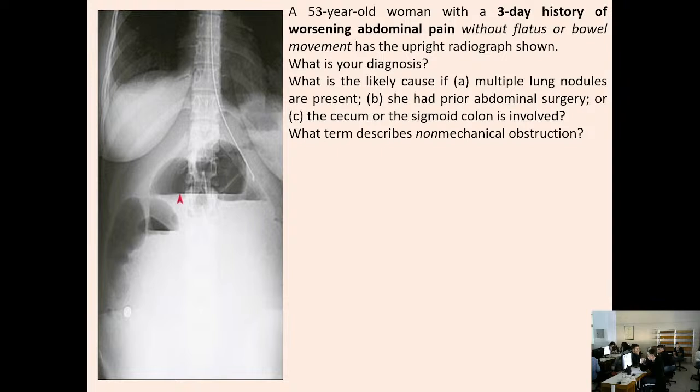And the third case, the cecum and sigmoid. These are parts of the bowel which are not so well, how can I say it, not so well tied to other soft tissues. So they can turn around themselves.